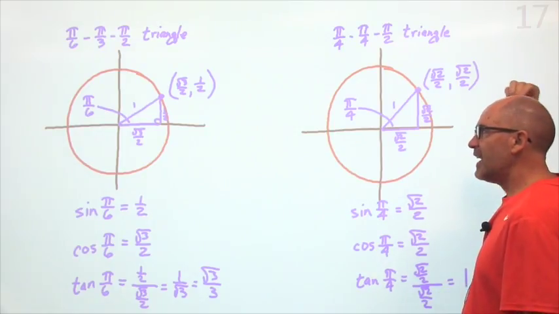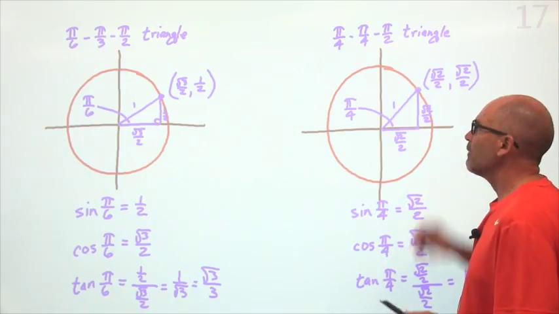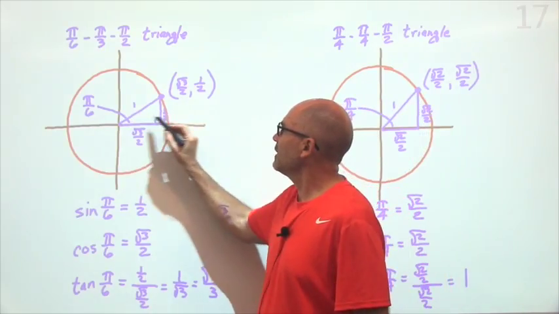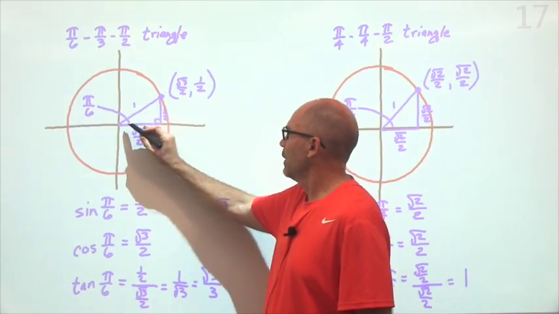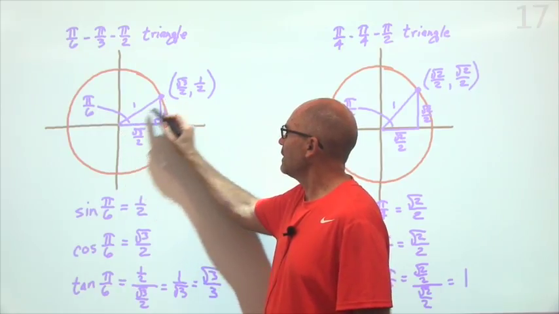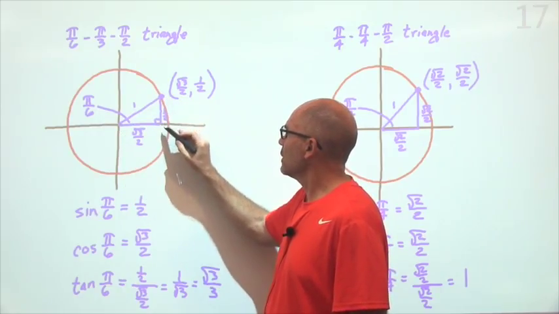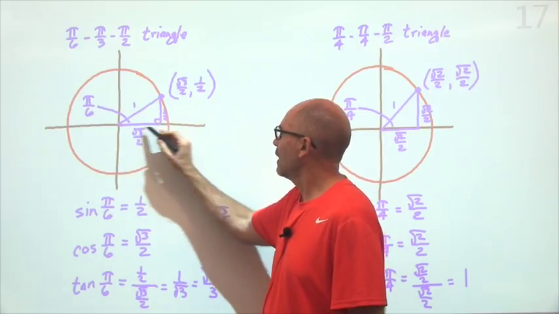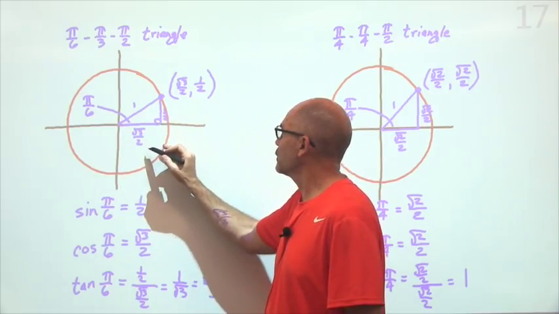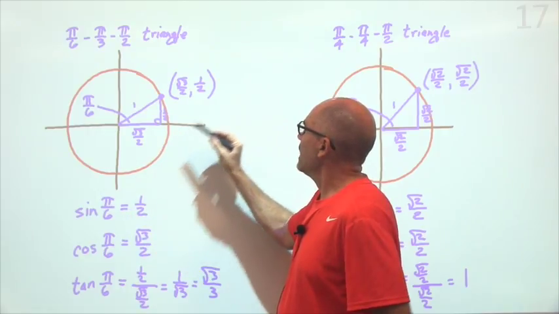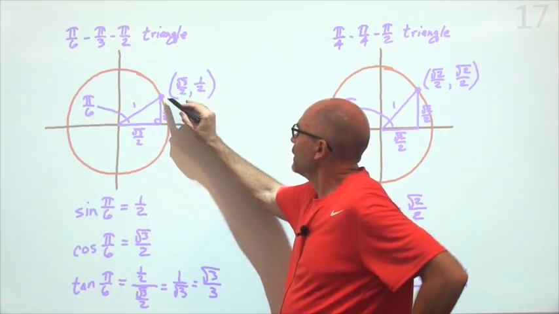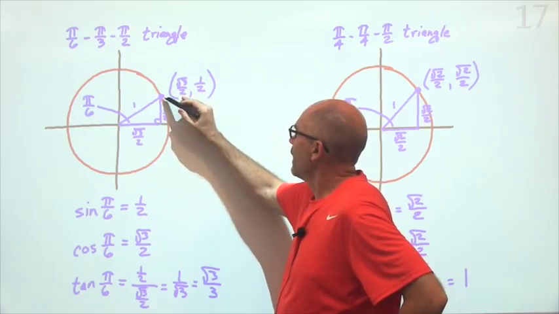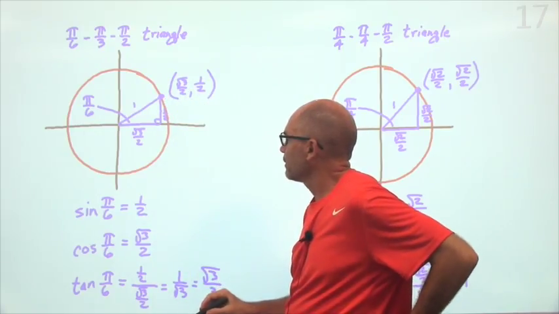So what we've done now is we've put these special triangles inside the unit circle. So notice my radius is 1, the short side is 1/2, and the long leg is square root of 3 over 2. So that means the point on the circle is going to be the x value is square root of 3 over 2, and the y value is 1/2.